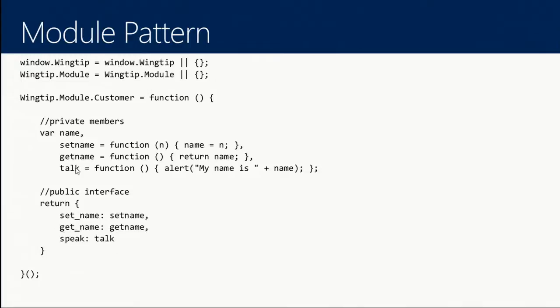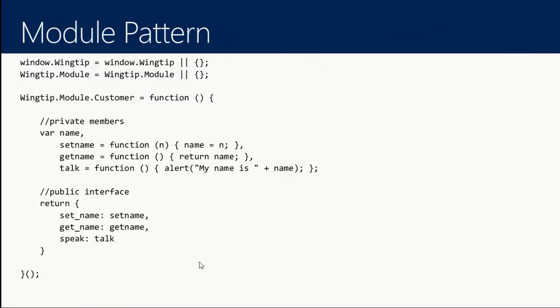So the private members are where you define all of, just like the members you would define for a class, you'll define those all at the top. And the only ones that will become visible outside of this function to the customer object that gets returned are the ones that you choose to return as the return object. You see it?